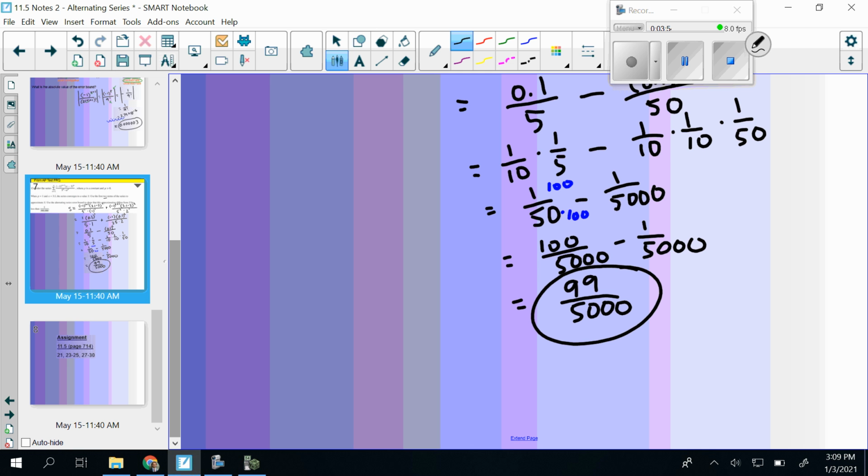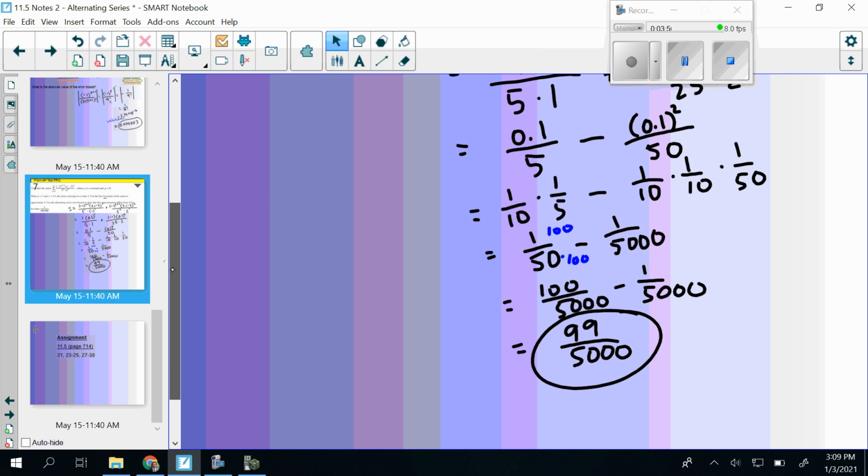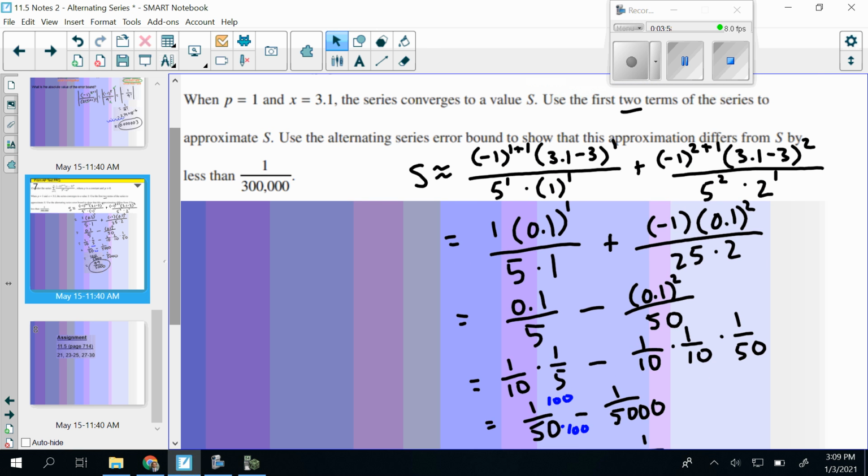And so the second part of this question says use alternating series error bound to show this approximation differs from S by less than 1 over 300,000. Okay, so if we are going to show that the approximation differs by less than that, remember if you're going to do alternating series error bound, it should be to that next term. So since we used 2 here, we should show that that's less than the third.